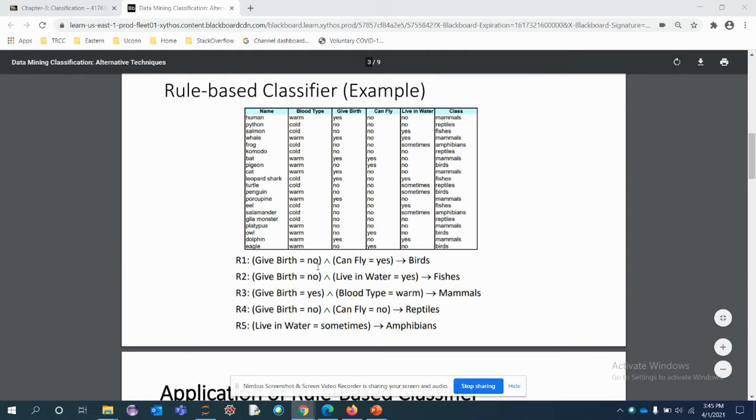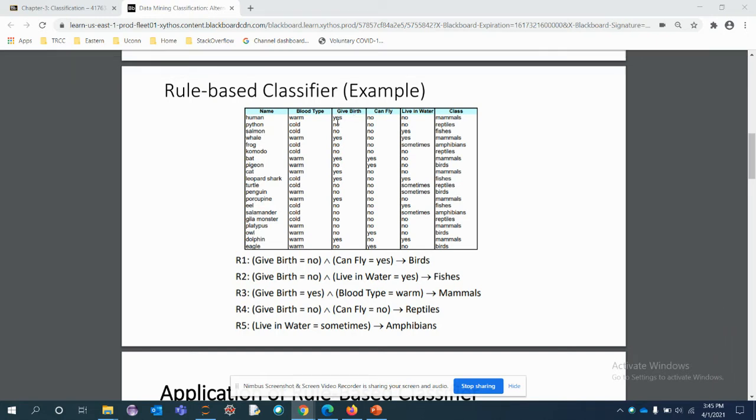If someone gives birth, no, or they can fly, depending on the values, we can see that give birth is no, and can fly is yes. Okay, give birth no and can fly yes. So this is a bird.